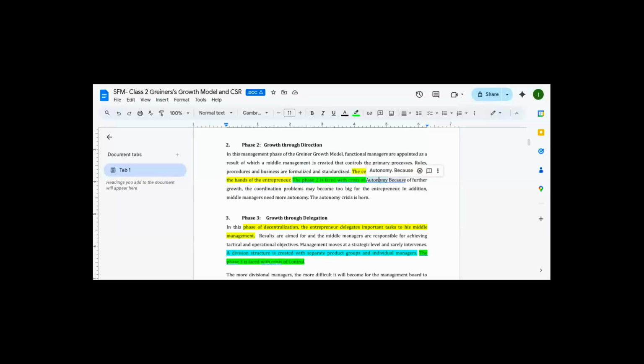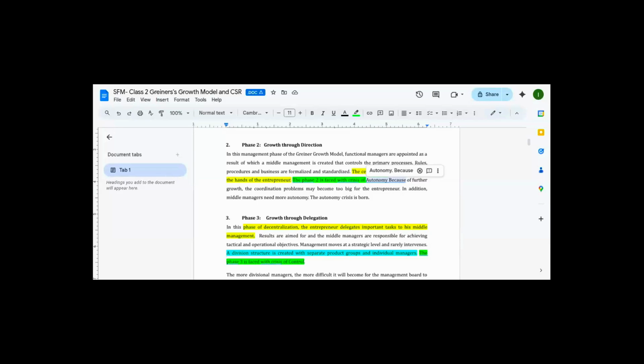The crisis of autonomy persists because the issue of coordination, control, allocation of resources, and making some key strategic decisions is being taken by the entrepreneur or the appointed middle manager. So that makes the crisis of autonomy occur.